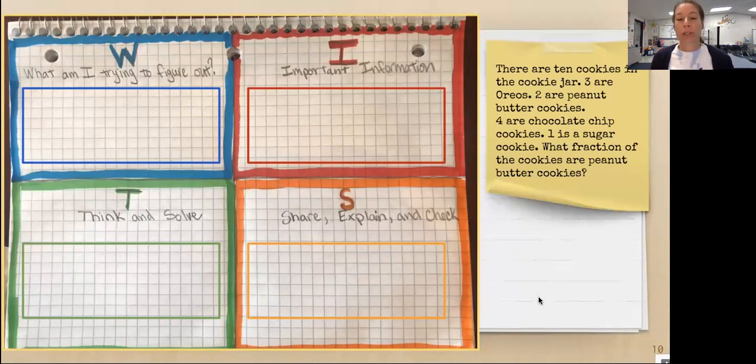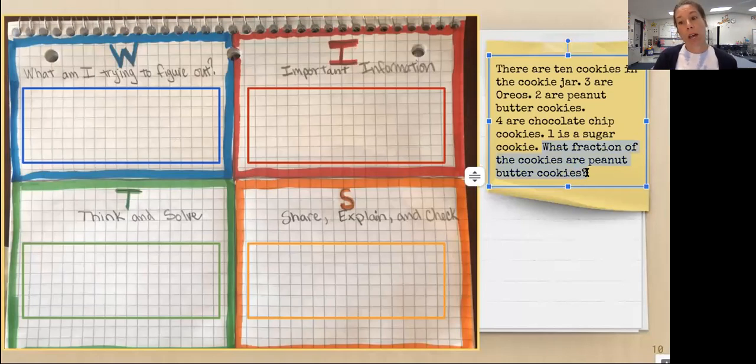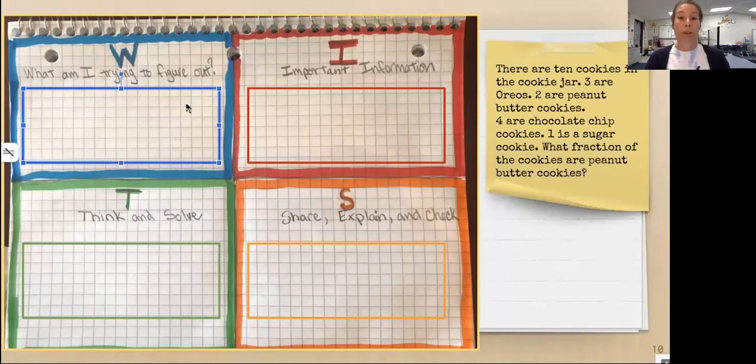Ooh, okay. So in your W section, we want to know what we are trying to figure out. So I'm going to look at my question. What am I trying to figure out? This right here: what fraction of the cookies are peanut butter cookies? In your W section, you can rewrite that as a statement.